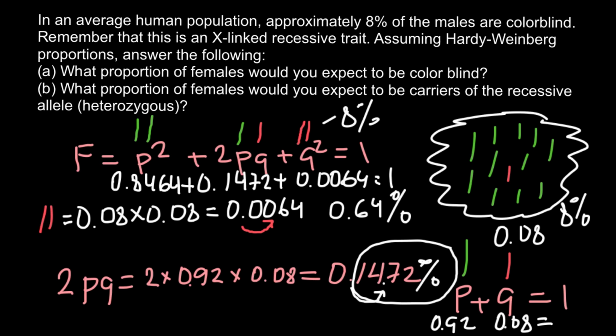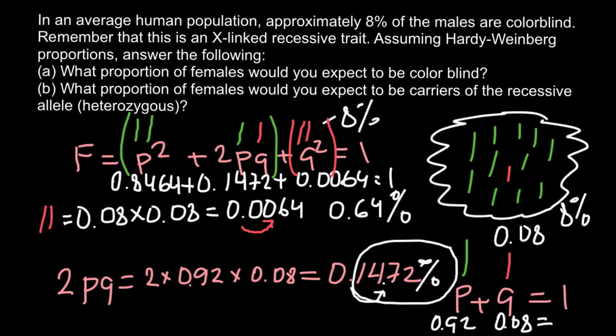So when we add these 3 frequencies, we should get 1 or 100%. These 2 genotypes would make the normal phenotype, because this is an X-linked recessive genetic disorder. So females who are heterozygous would be of the normal phenotype, and only those females who are homozygous recessive would be affected. So we would have here 2 phenotypes.